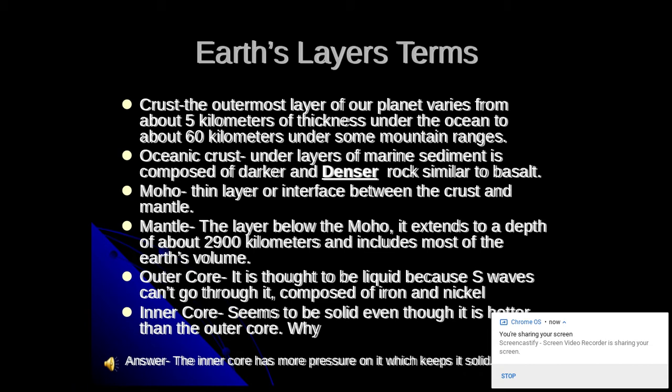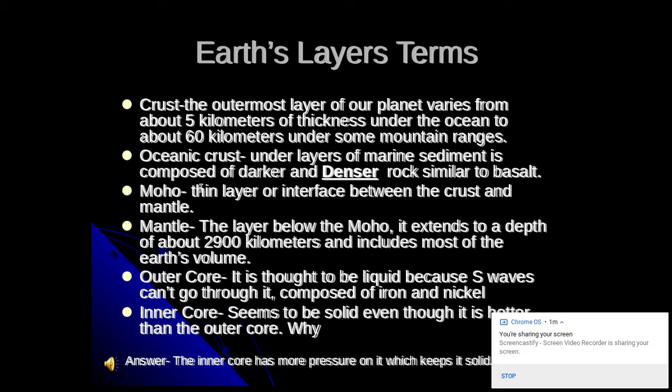Mountain ranges are really, really thick, whereas under the ocean it is much, much thinner. The oceanic crust is under layers of marine sediment. It is composed mostly of basalt, and I'll show you that in the reference table, and it is more dense.